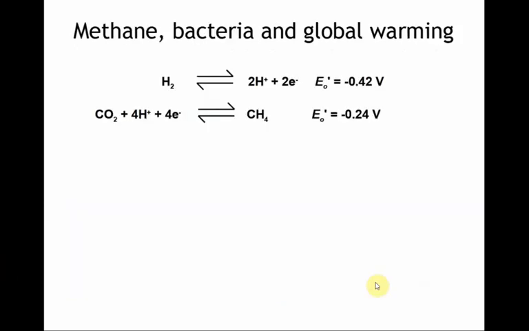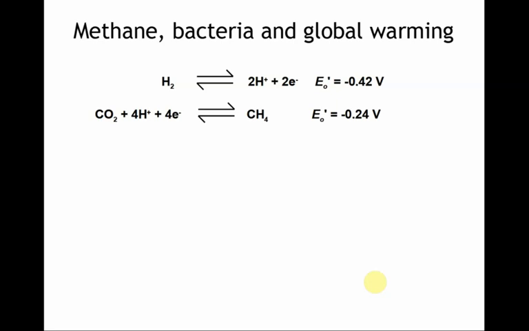Okay, now I just want to think a little bit about methane production and use, because methane is a very significant greenhouse gas, and bacteria are responsible for a lot of its production.